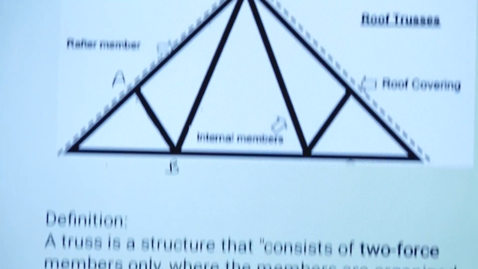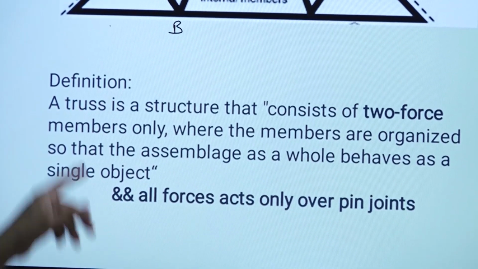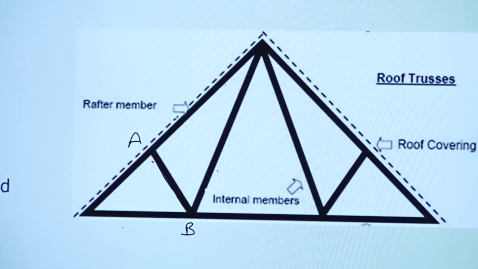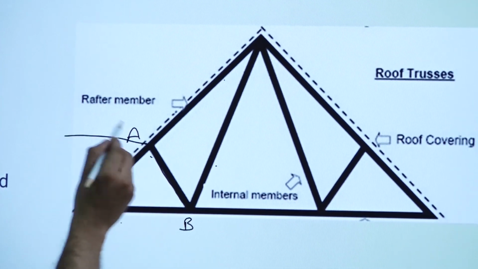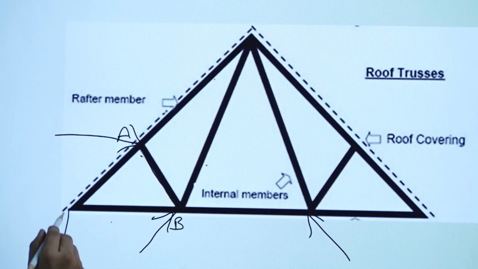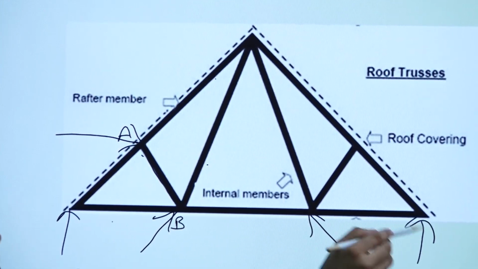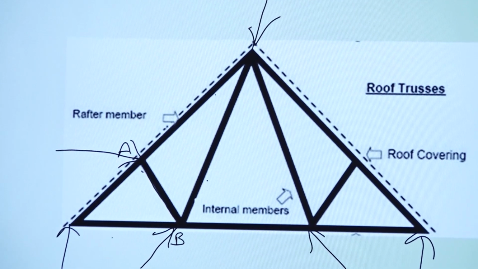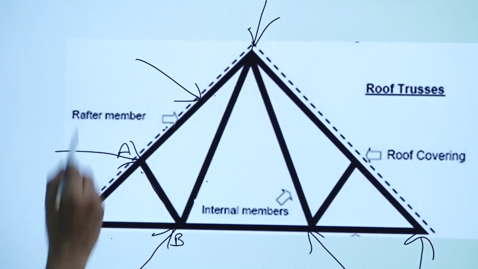And one more thing, all the forces act only over the pin joints. So in truss problems, all the forces that are going to act will be acting over these joints, like this, or maybe like this. It won't act like this, okay?